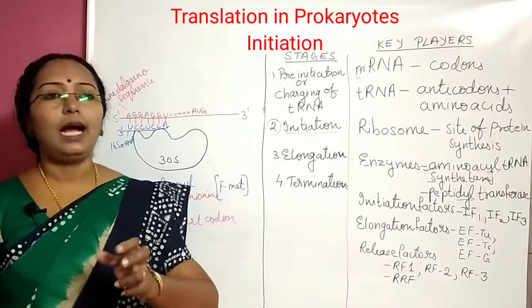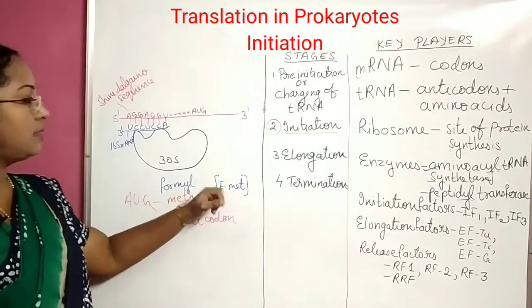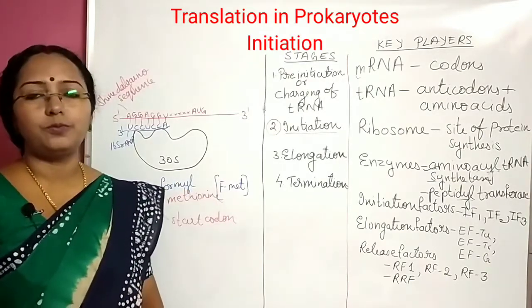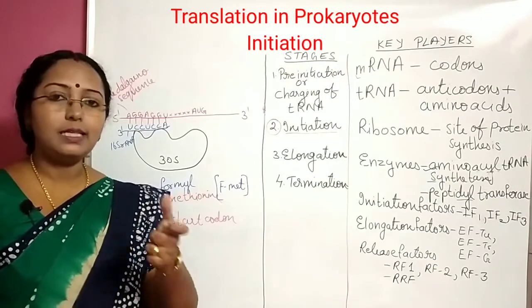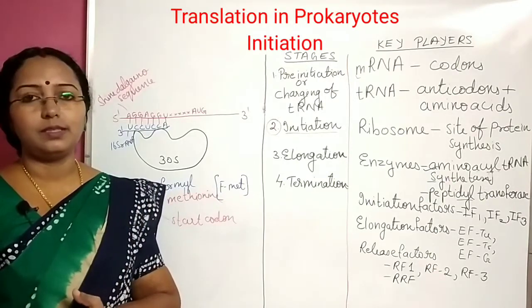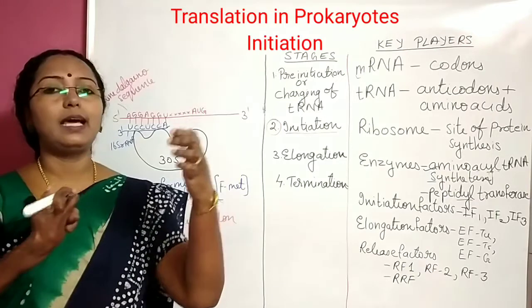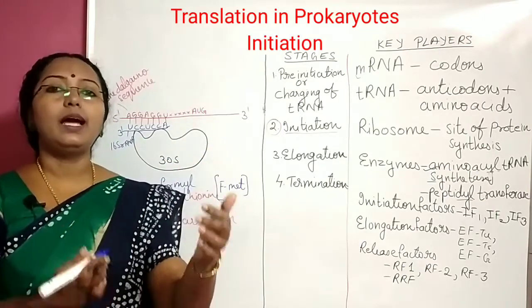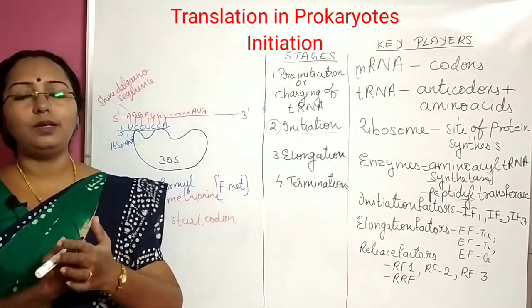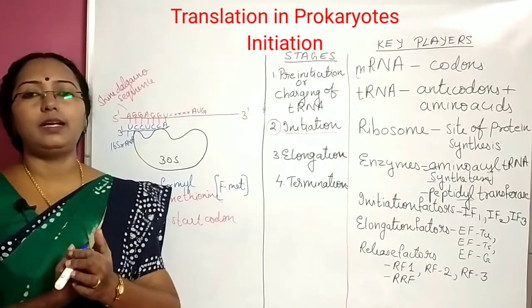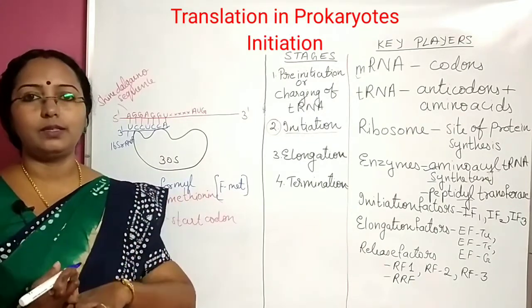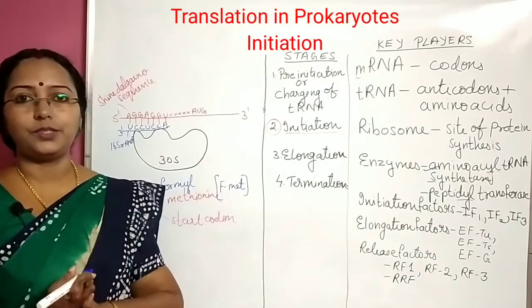A formyl group is added, and formyl methionine is what comes as the initiator amino acid. And so the tRNA which is carrying it for the first time will carry formyl methionine. It will not carry the normal methionine in the beginning, in the initiation.